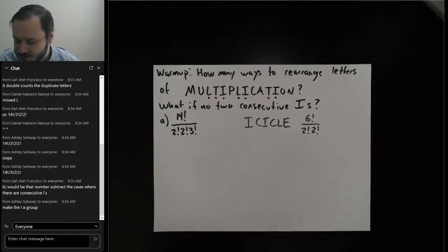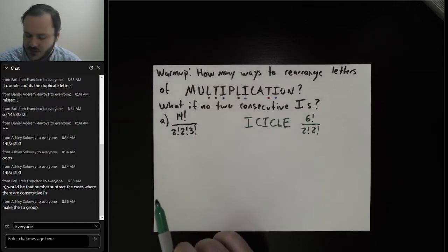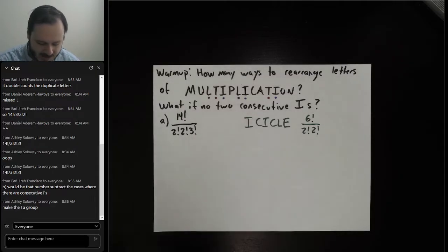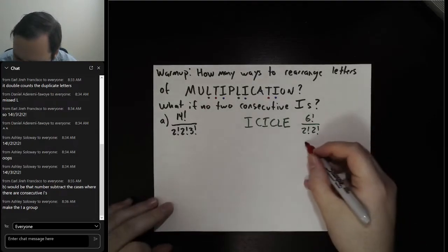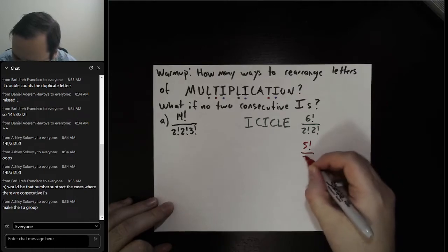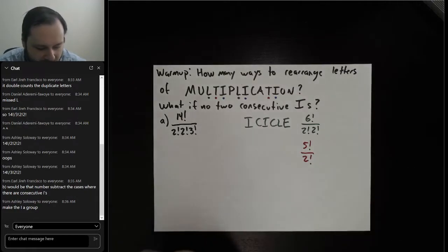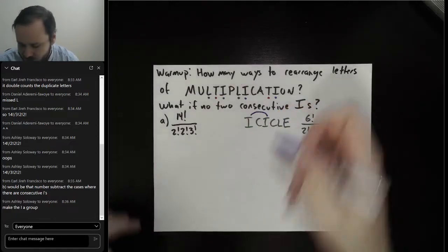And if I want to make sure that no 2 I's are consecutive, I can say, well, what if I did 5 factorial over 2 factorial, and I treated the 2 I's as a single unit? I linked them together.